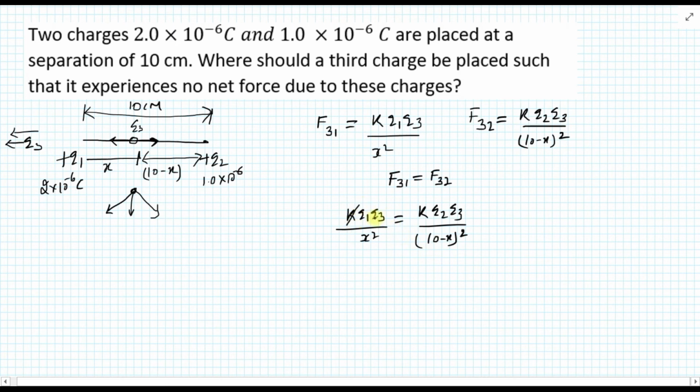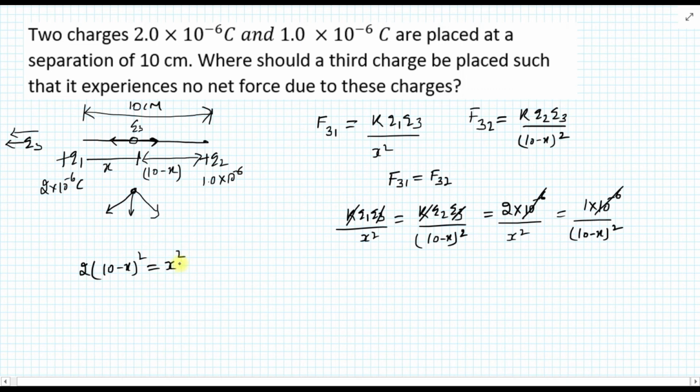So this K and q3 will cancel out, and we will have q1 as 2 into 10 raised to power minus 6 upon x square is equal to q2, which is 1 into 10 raised to power minus 6, upon (10 minus x) square. So this 10 raised to power minus 6 will also cancel out, and this will be converted as 2 times (10 minus x) square is equal to x square.